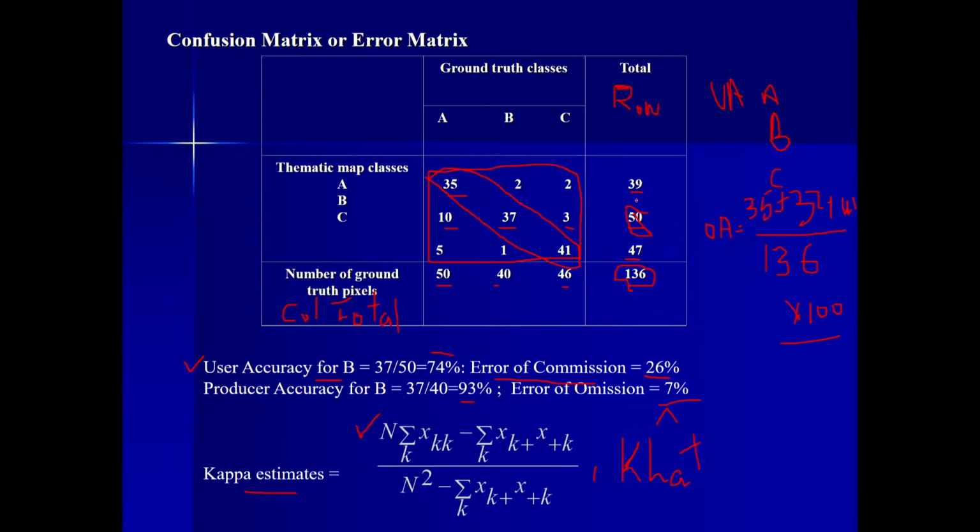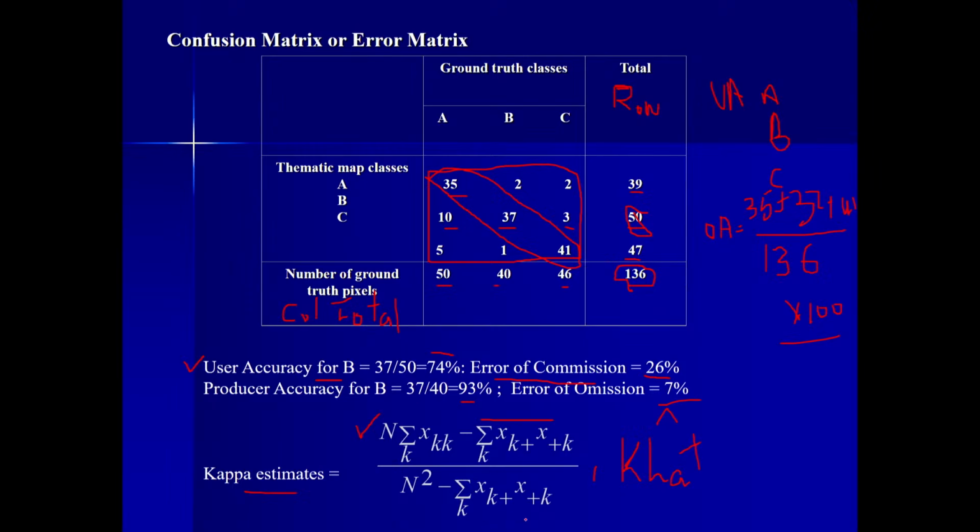Here you calculate the corresponding class row total with column total, that is 39 into 50, plus 50 into 40, plus 47 into 46. In the denominator, N square, the total number of samples, that is 136 square, minus summation xk-plus into x-plus-k. That is again 39 into 50 plus 50 into 40 plus 47 into 46.